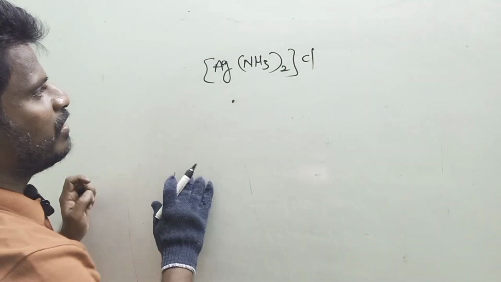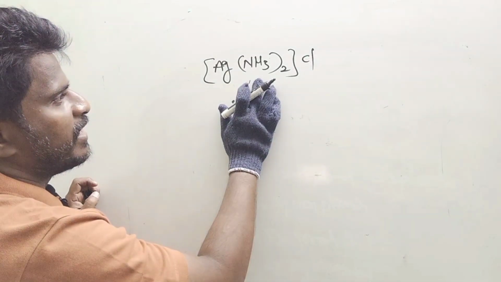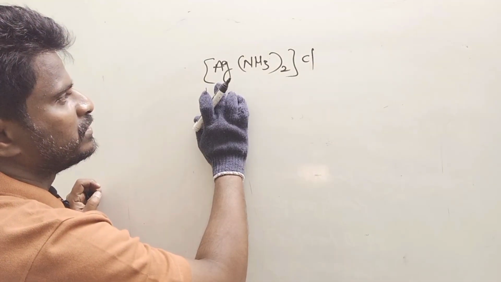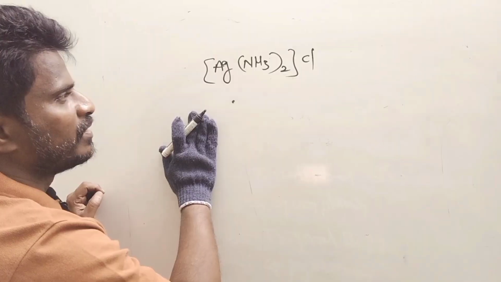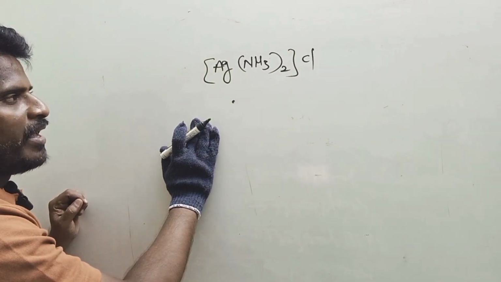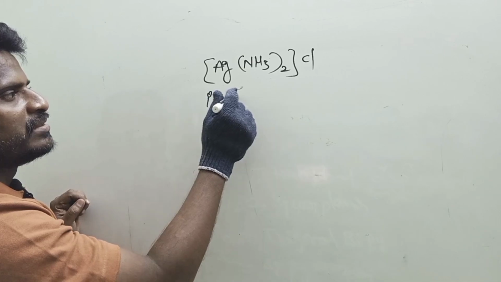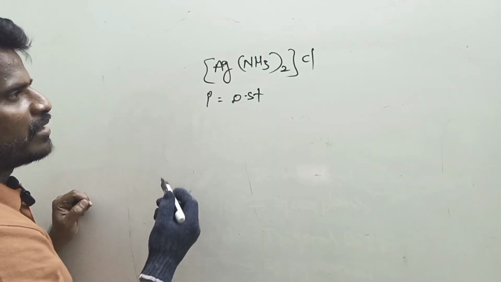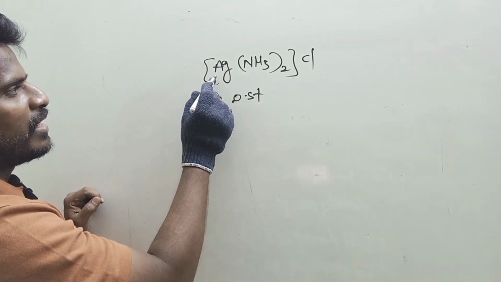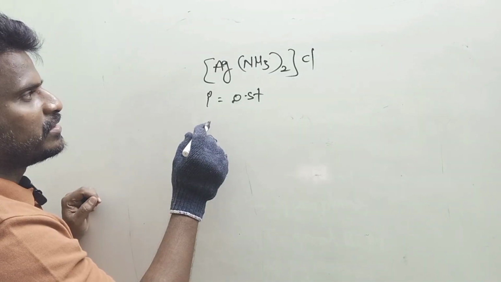Hybridization and geometry of diamminesilver chloride complex. In this complex, primary valency is the oxidation state. For the oxidation state, you have to calculate the silver oxidation state.